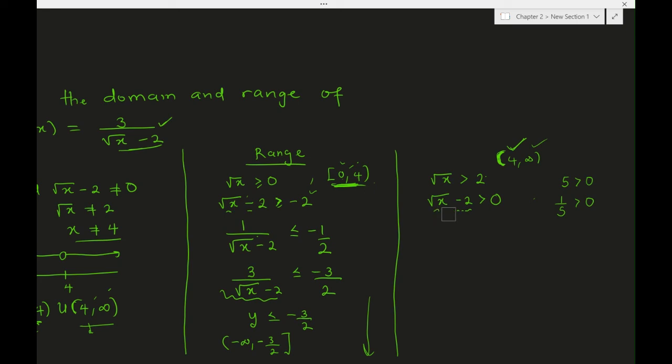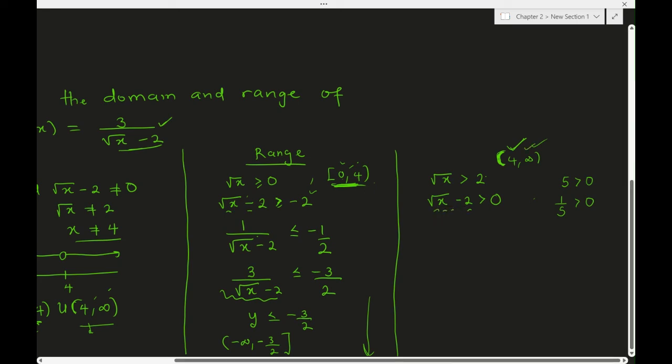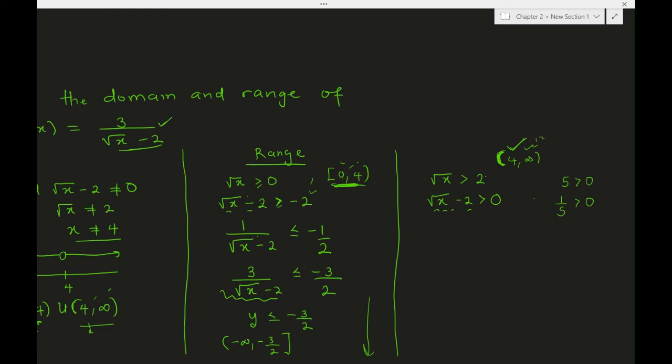So, for example, take any x in this domain again. Let's take a big number. Let's say we take 12. Root of 12 definitely is bigger than 2. So root of 12 minus 2 is still going to be positive. So here we can flip this to 1 over root of x minus 2. The inequality will still remain. This is still greater than 0.